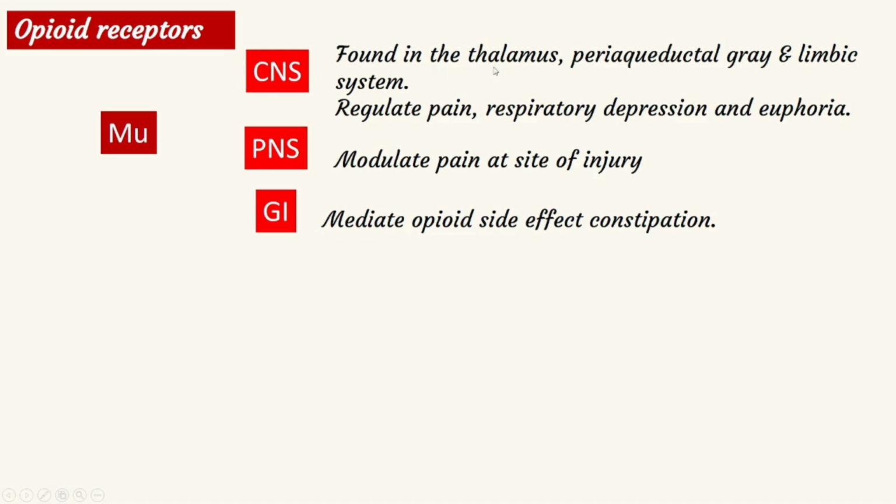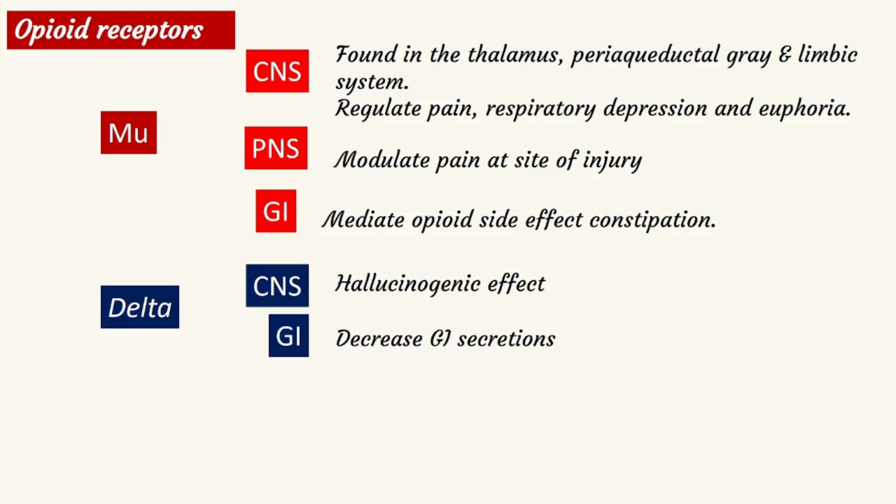In the central nervous system, they are found in the thalamus, periaqueductal gray, and limbic system, where they regulate pain and also respiratory depression and euphoria. In the peripheral nervous system, they modulate pain at the site of injury. The gastrointestinal system mediates opioid side effects, and one of the major side effects of opioids is constipation.